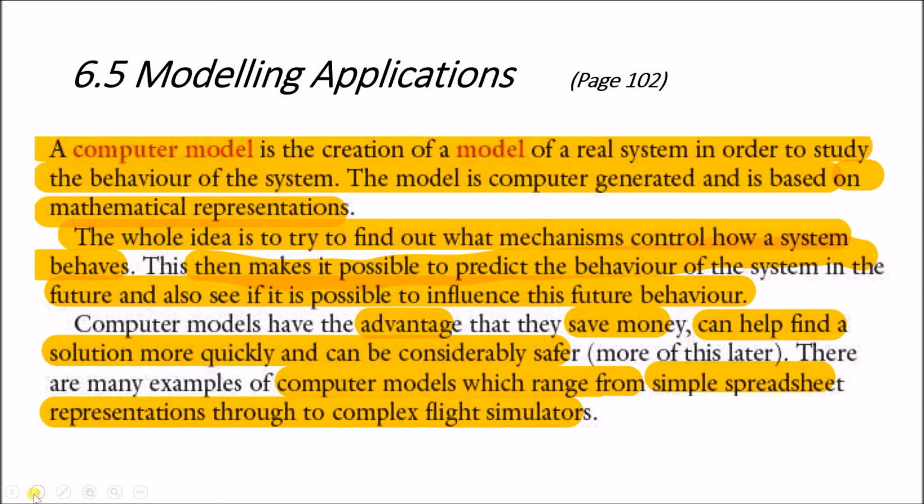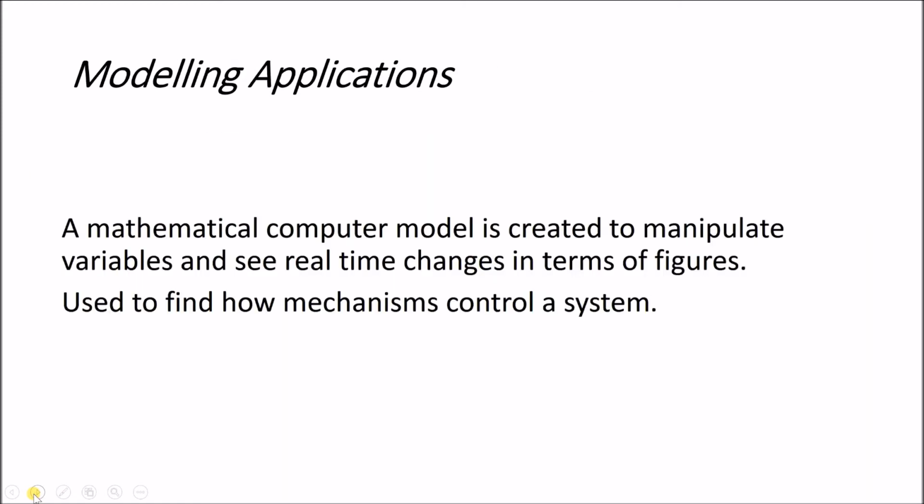Now, modeling applications, you can summarize it in this: a mathematical computer model is created to manipulate variables and see real-time changes in terms of figures, used to find how mechanisms control a system.